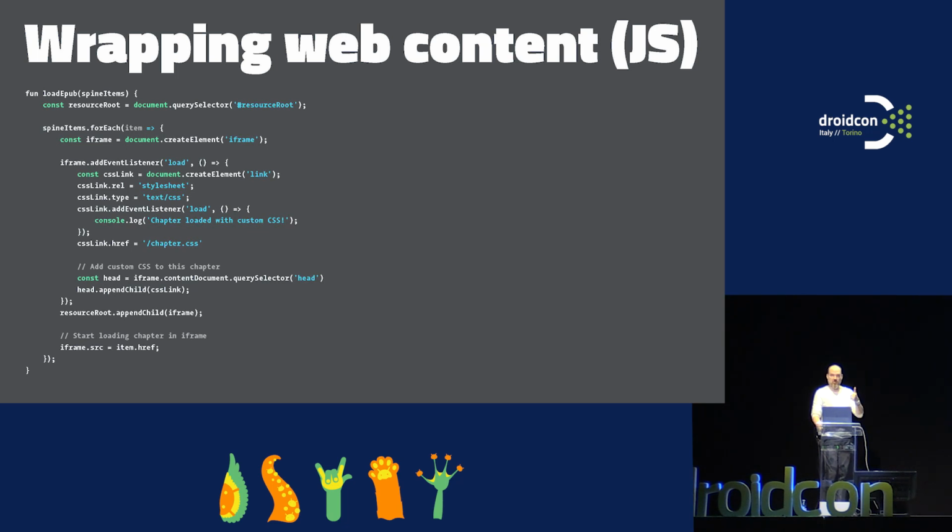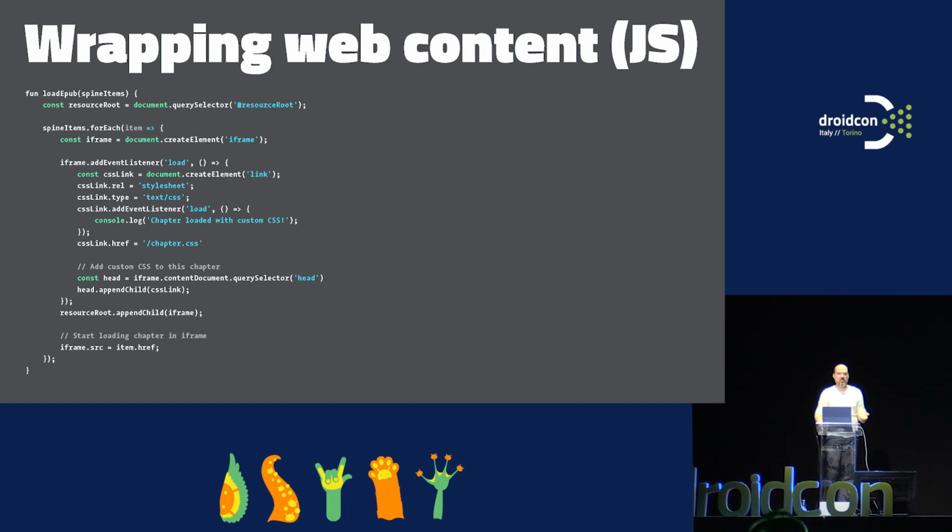So we know the URLs for each of the chapters, we know the MIME type for all the content, etc. And for every item, we create an iframe. And for each iframe, we append it to the resource root, so that there will be a number of iframes inside that one. And then we tell the iframe, okay, here is the URL that you're going to load for this chapter.